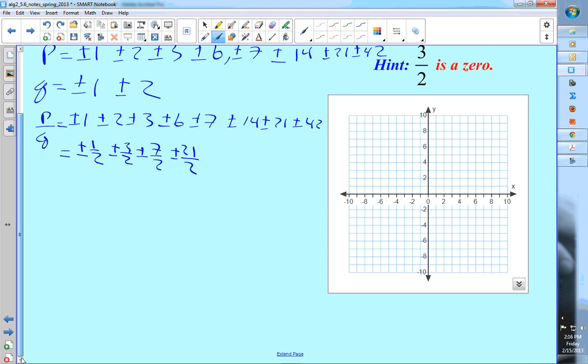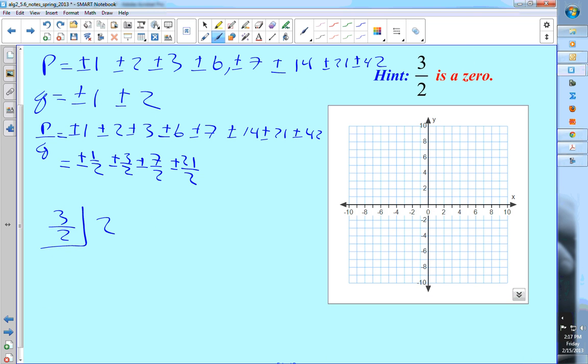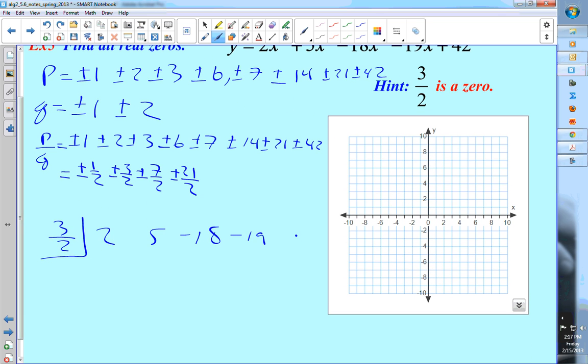So that was nice of them to cut to a break there. So the first one that you're going to divide is 3 over 2. And you're going to be looking at 2, 5, negative 18, negative 19, and 42.